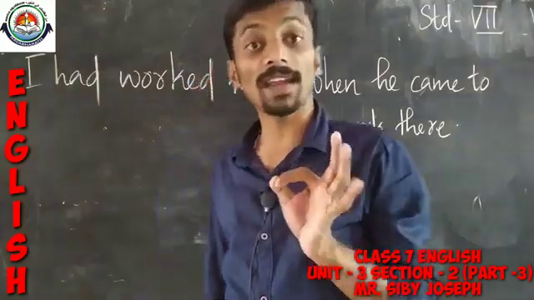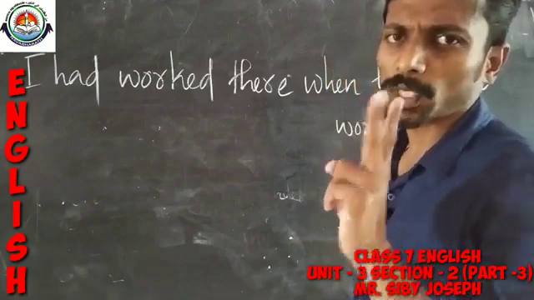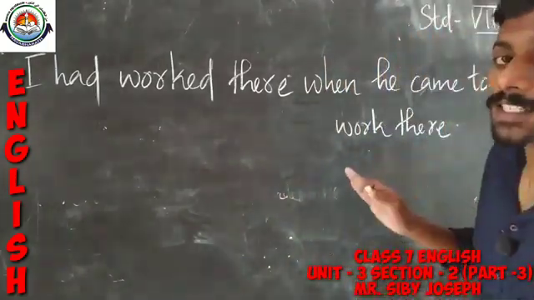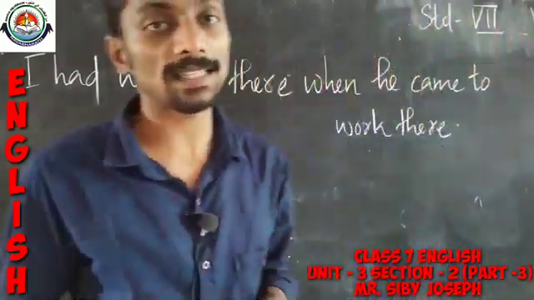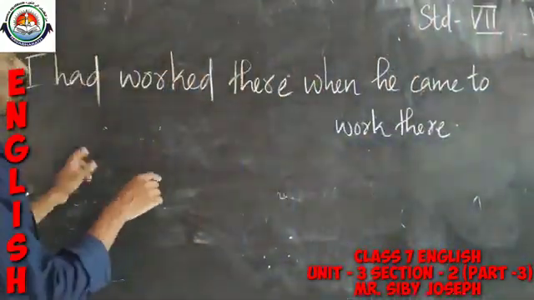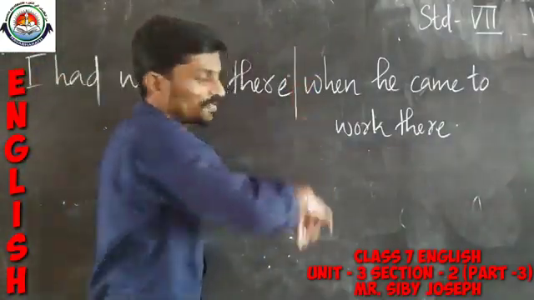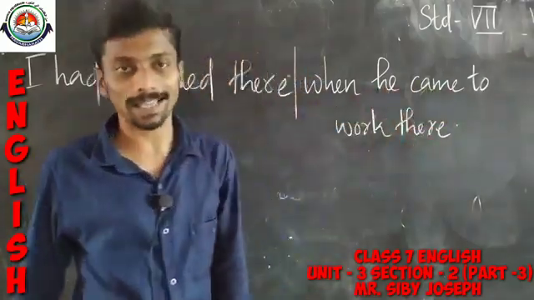Here you can find 2 tenses. Can anyone say which 2 tenses are used in this particular sentence? It has 2 parts. What are the 2 parts you can find in this sentence? The first part is I had worked there, and the second part is when he came to work there.